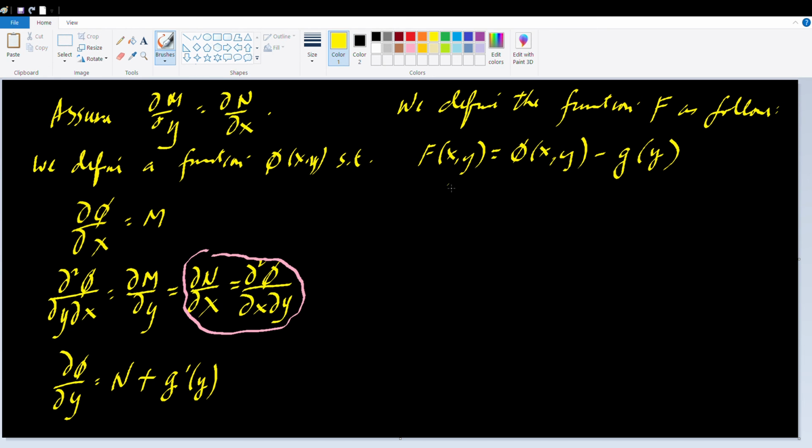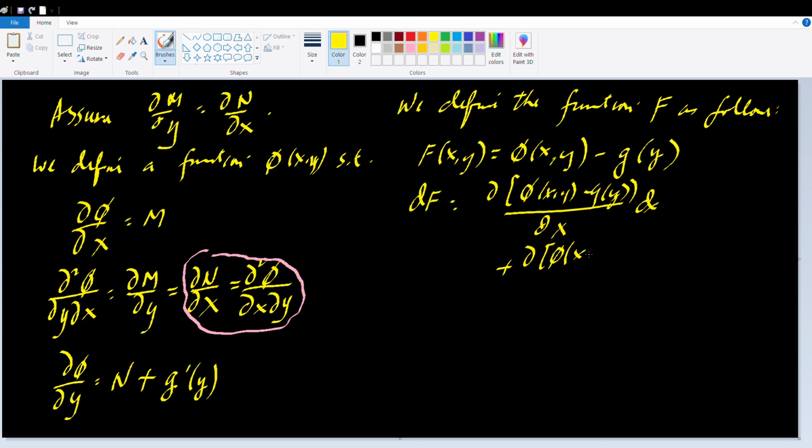We then take the differential of F. Taking the differential of F means taking the partial derivative of phi of x,y minus g(y) with respect to x, dx, plus the partial of phi of x,y minus g(y) with respect to y, dy.